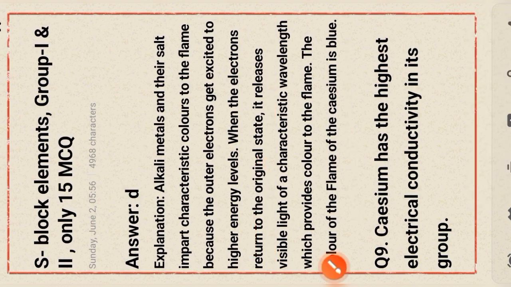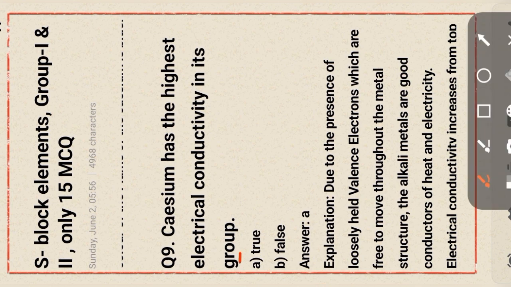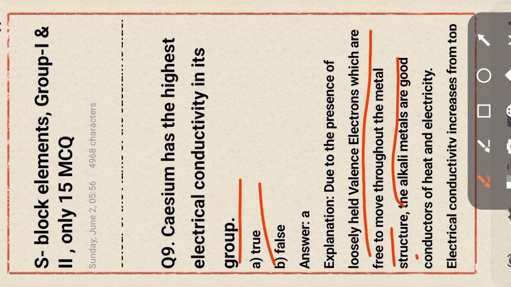Okay, next question, question number 9. Cesium has the highest electrical conductivity in its group. This statement is true, due to the presence of loosely held valence electrons which are free to move throughout the metal structure.